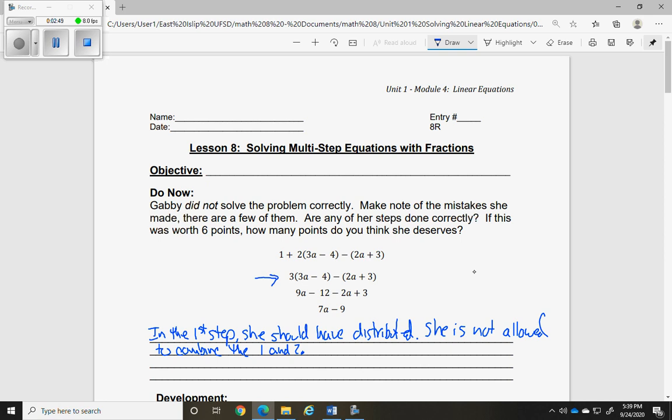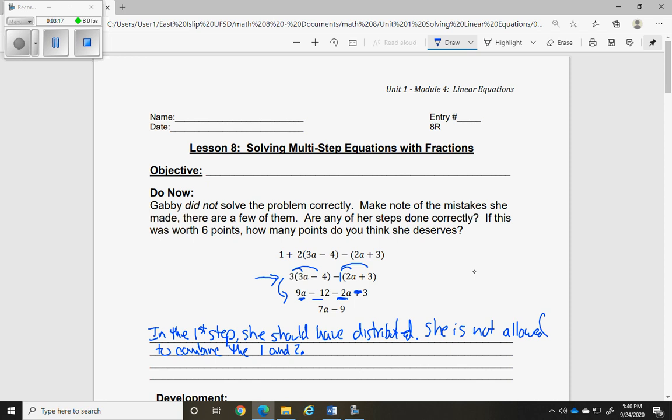This is what Gabby thinks is correct. So now from here to here, did she make any mistakes? Looks like she distributed right? She got a 9a minus 12, so that's really nice. And then this is a negative 1, that should be distributed. So she has a negative 2a, and oh no, Gabby, negative 1 times 3, this should have been a minus 3, right?